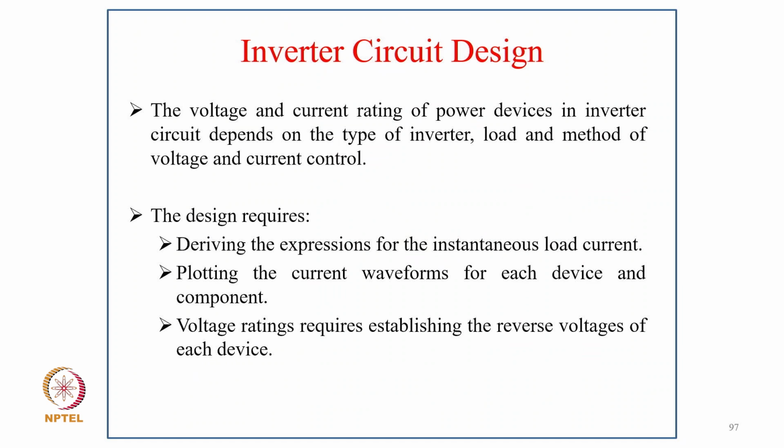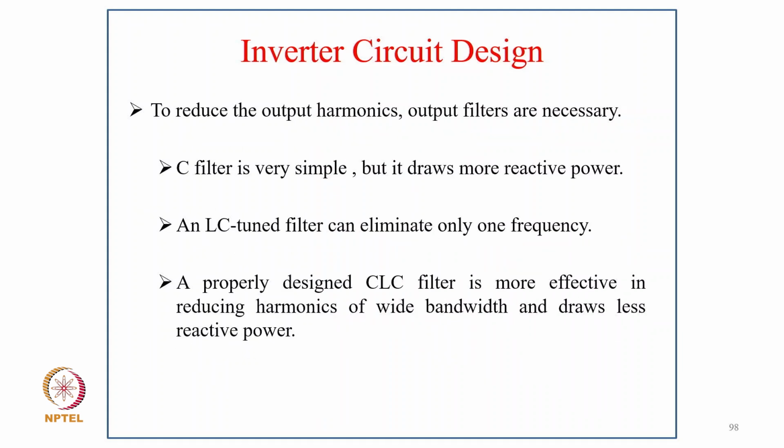So coming to inverter circuit design, the voltage and current rating of power devices in the inverter circuit depends on the type of inverter, load, and method of voltage and current control. And the design requires deriving the expression for the instantaneous load current, plotting the current waveform for each device and component. The voltage rating requires establishing the reverse voltages of each device.